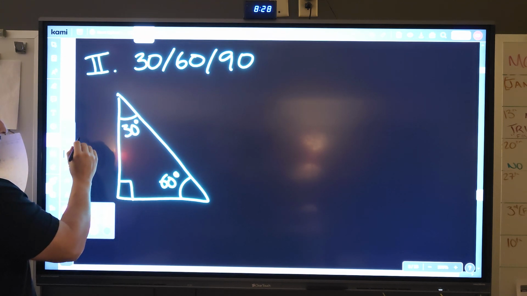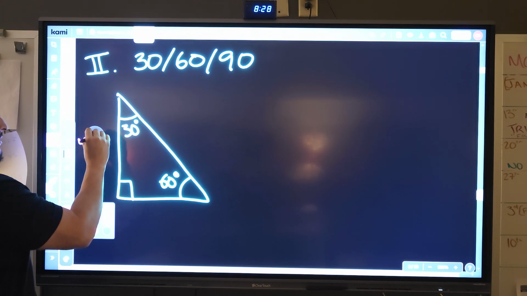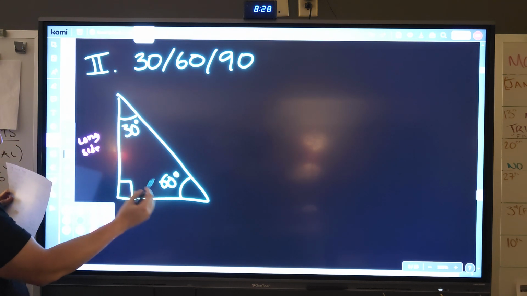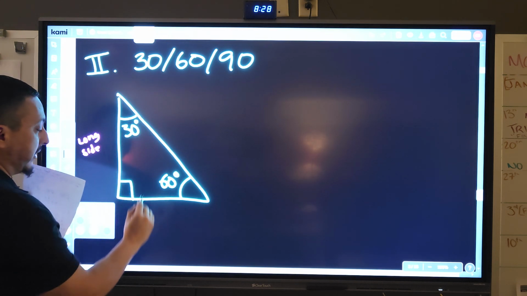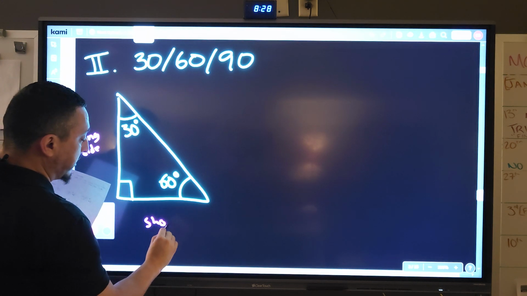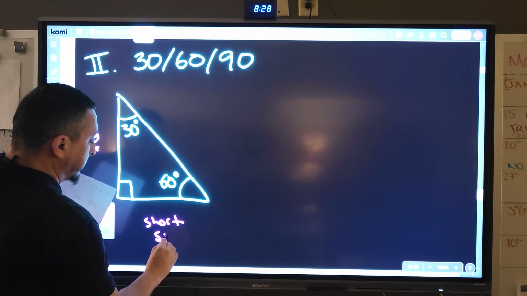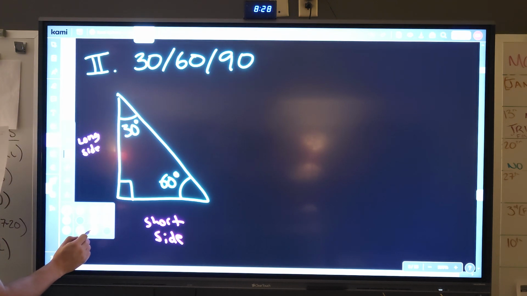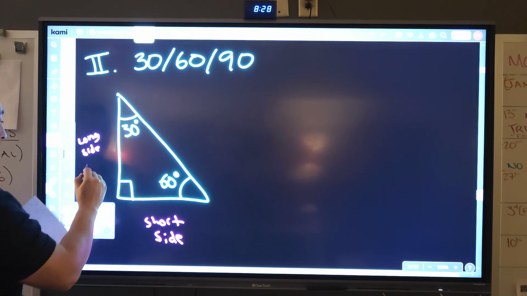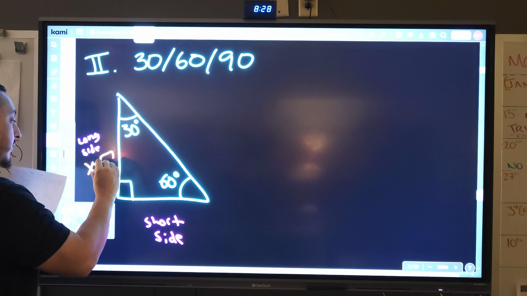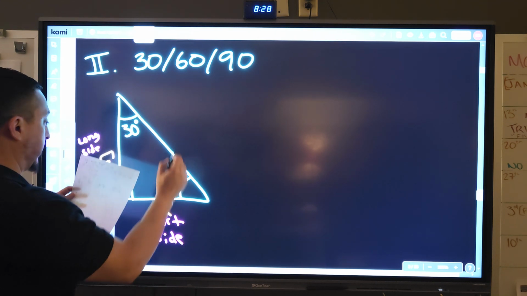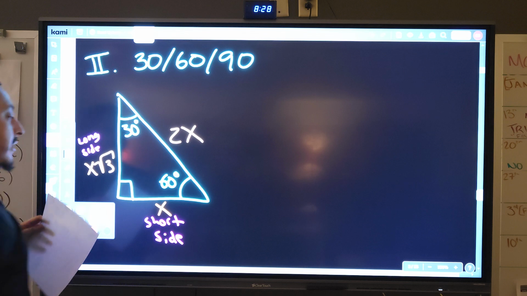So here's how these work. 60 degrees, this would be the long side. Okay, the long side. This is not the longest side because that's your hypotenuse, but that's the long side. And then the 30 degrees goes with the short side. The long side is x square root of 3, the short side is x, and the hypotenuse is 2x.